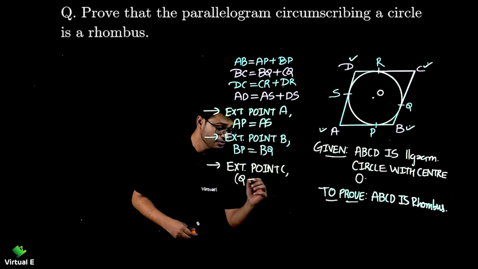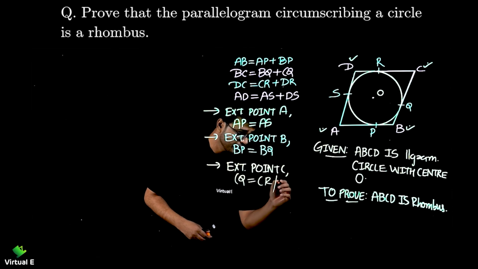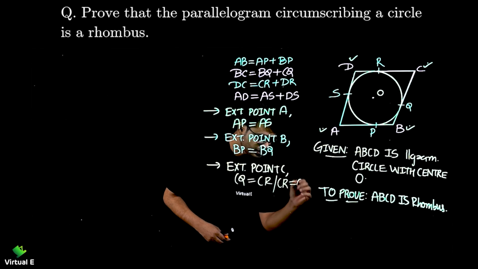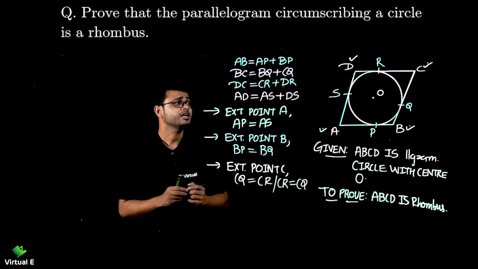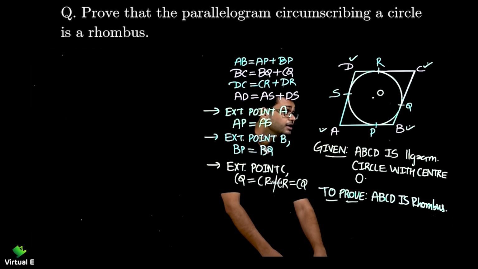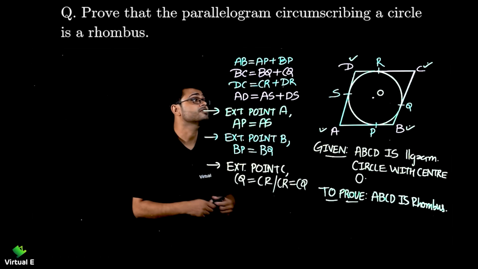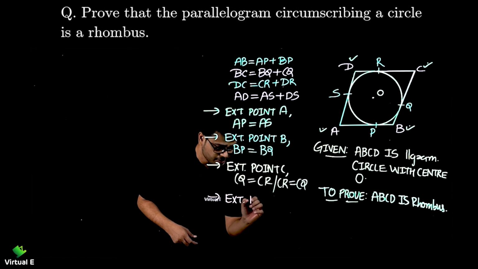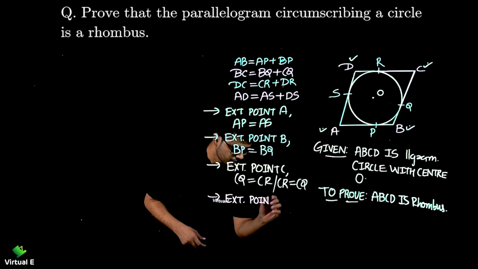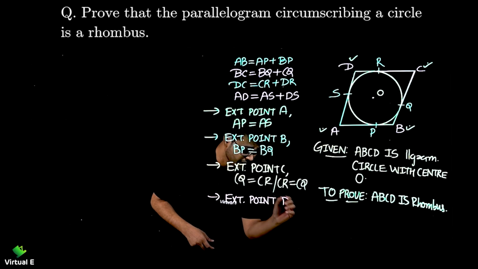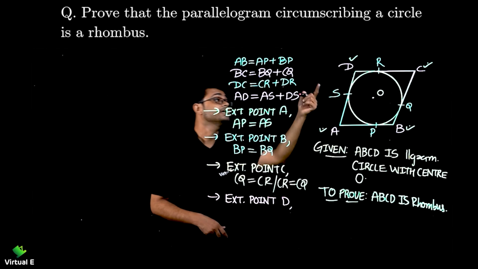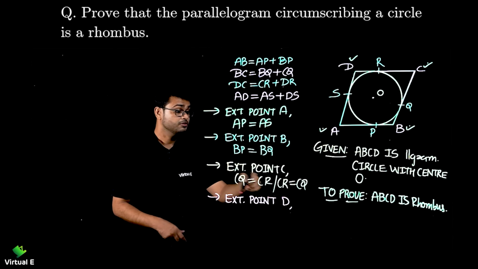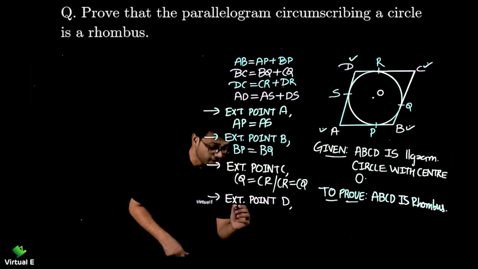So CQ is equal to CR, or you can write as well CR is equal to CQ. Both are equal. But remember, we are going to add here as well. Important. And the last external point, that is point D, that is DS is equal to DR. So we had CR, so let's write DR here.